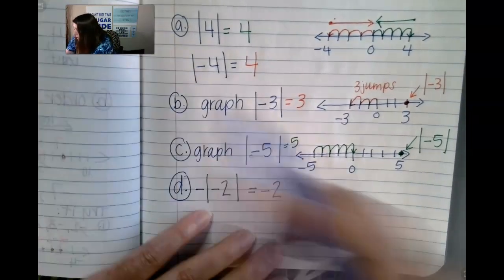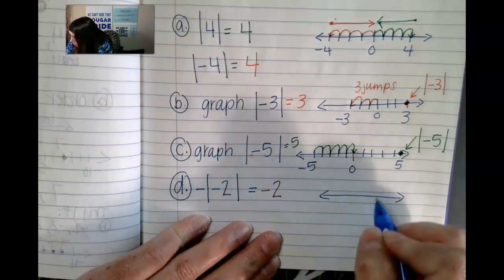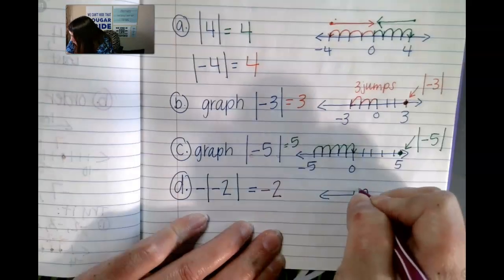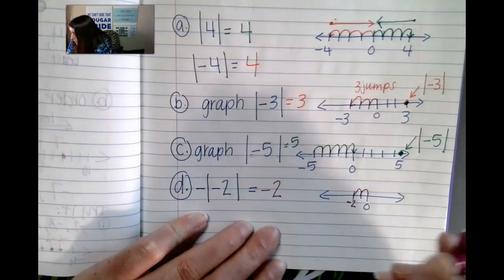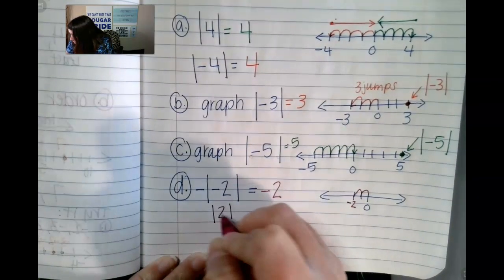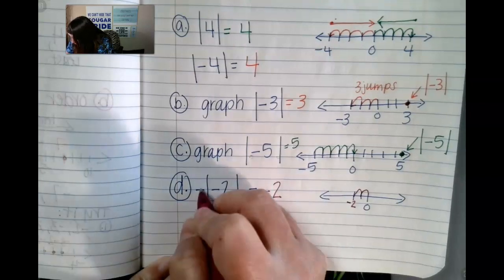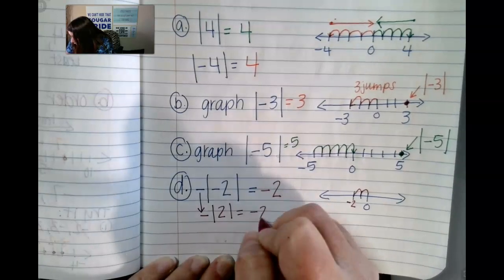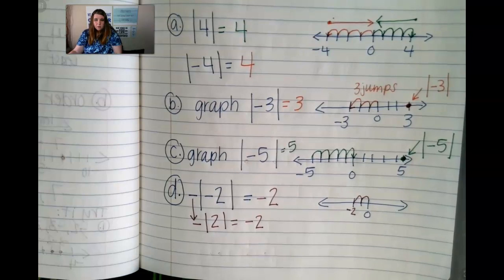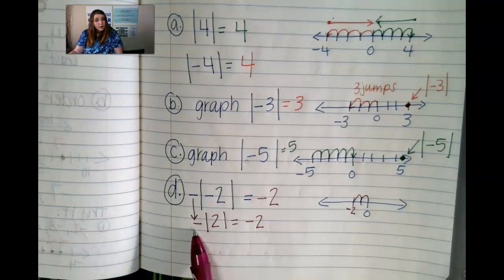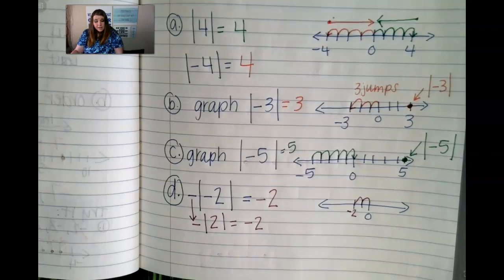Let me show you how that works. So I had 2 jumps to get to negative 2, 1, 2. There's negative 2. But again, because it's 2 jumps, this just becomes a positive now. And then this drops down, and now it becomes a negative. So that's how you get your negative 2. So absolute value, counting the jumps to get to 0. And if something is on the outside of the absolute value machine, that's where you put the negative sign.